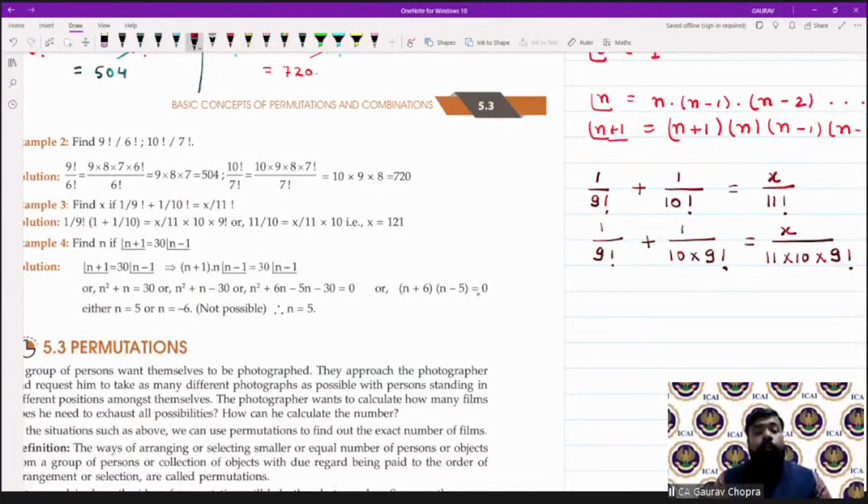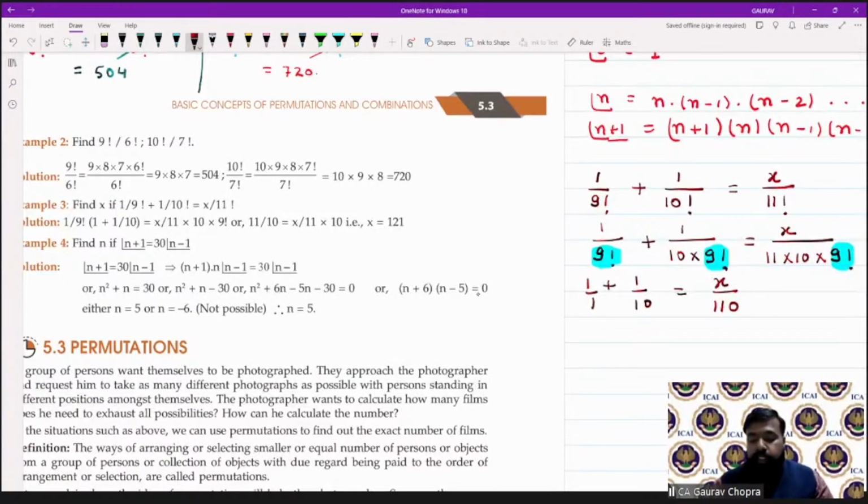Now, what is common in all the three? On the left hand side, 9 factorial is common. On the right hand side, also 9 factorial is available. So we can cancel 9 factorial from both the sides. On cancelling, we are getting 1 plus 1 upon 10 is equal to x upon 110.